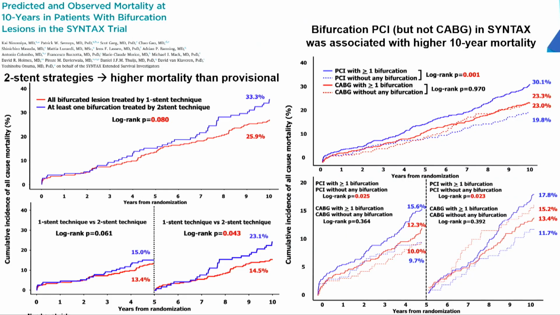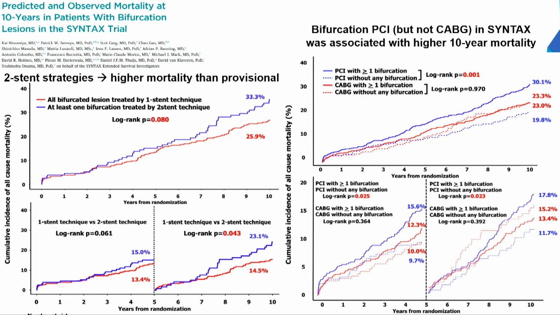Another study is from the extended follow-up of the SYNTAX trial, in which the authors analyzed the impact of bifurcation. They saw that two-stent strategies were associated with higher mortality than provisional stenting, and that bifurcation PCI, but not CABG, in SYNTAX was associated with higher 10-year mortality.